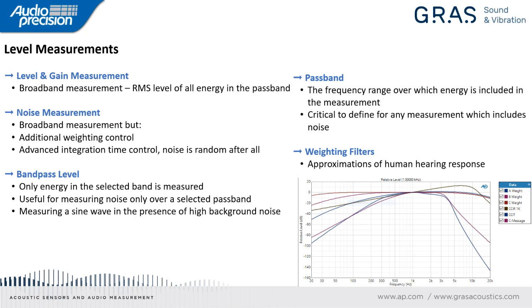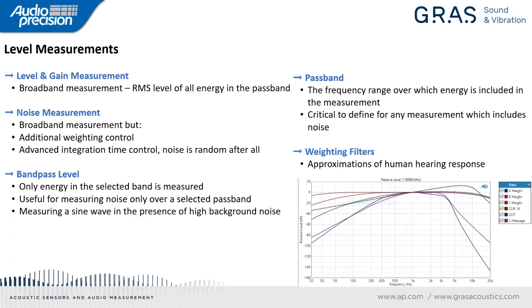But over history, we've developed various approximations of that hearing response, and that results in weighting filters that attempt to weight a signal according to human perception of that signal.